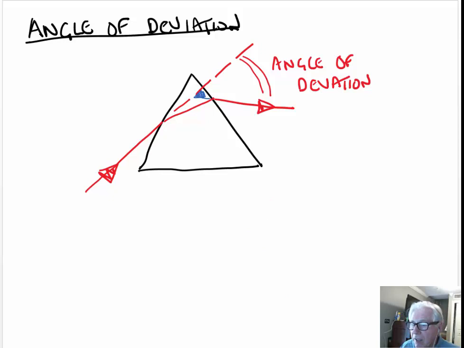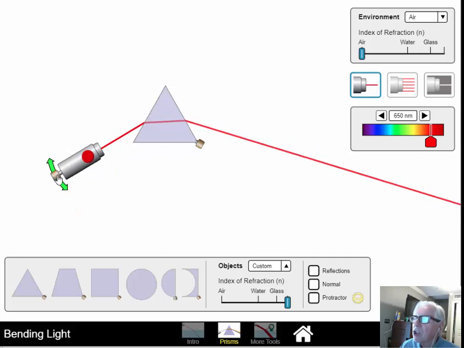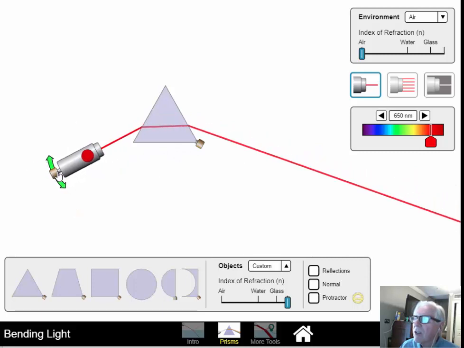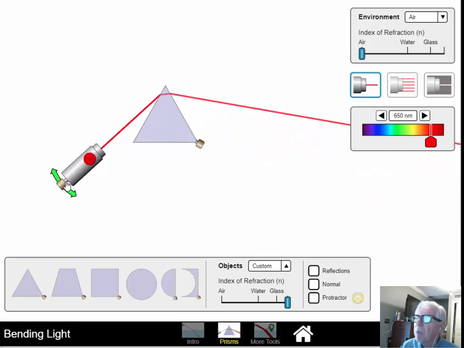If I come through here, by changing the front ray slightly, I change the back ray a lot.